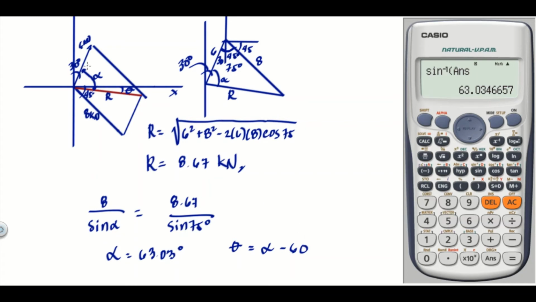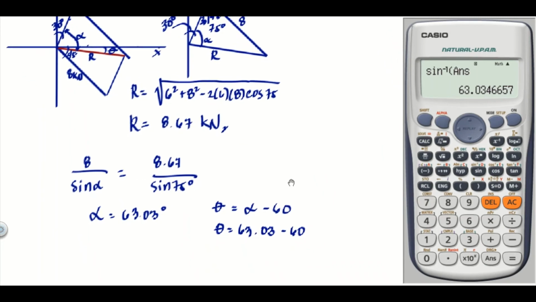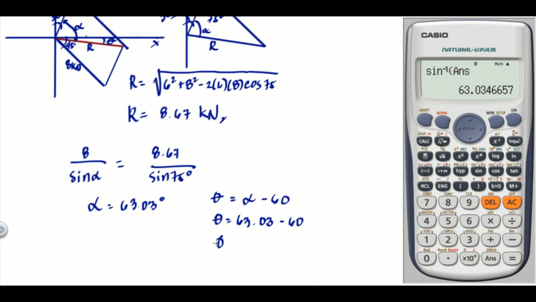Kasi ito ay 60, dito hanggang dito sa x. Okay? So, theta is equal to 63.03 minus 60, or theta is equal to 3.03 degrees. So, yun ang sagot. Yung theta na yon is 3.03 degrees.